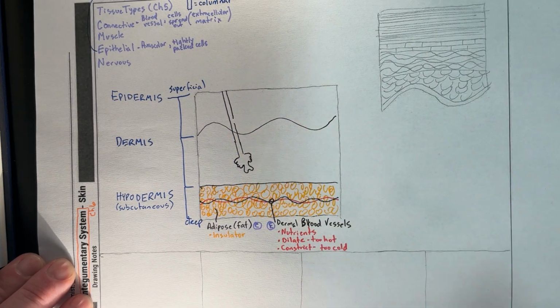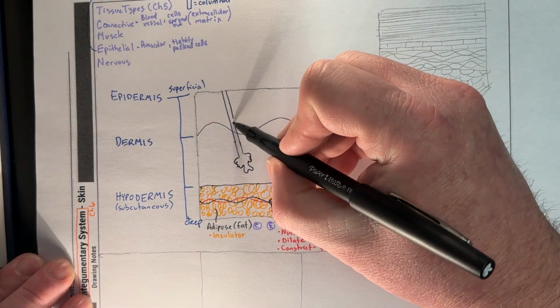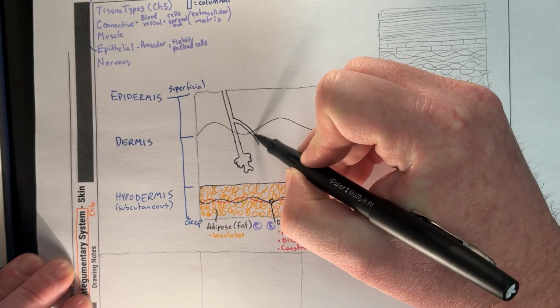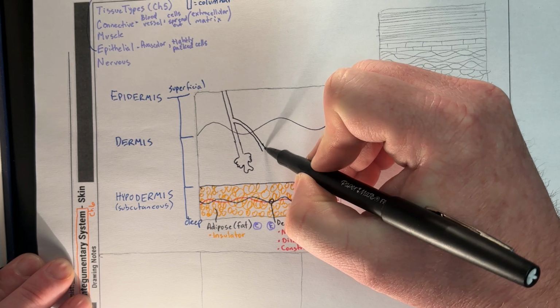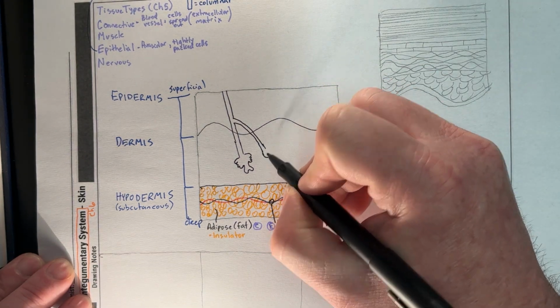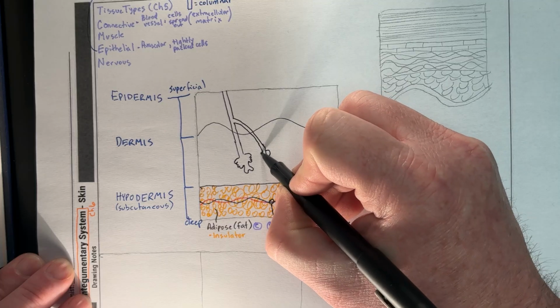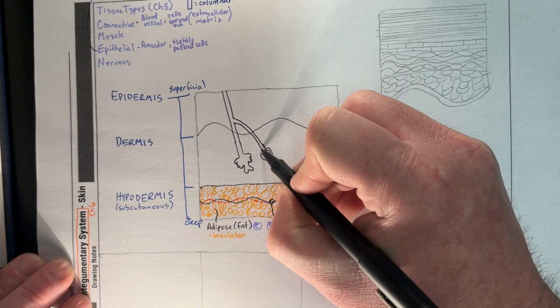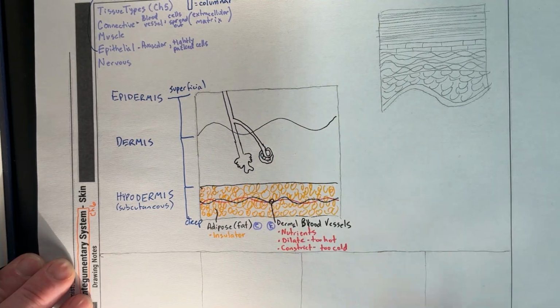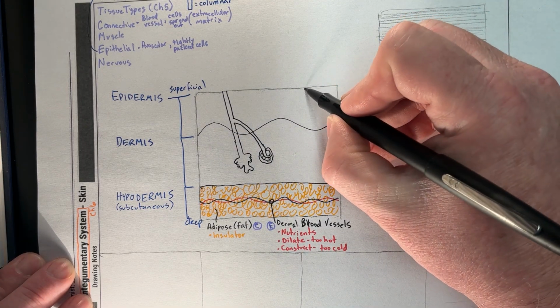And then the reason I left this gap is because we're gonna have another duct coming off here, and we're gonna extend down into the dermis. And then this duct just kind of curls back on itself and makes almost like a ball of duct down there. And let's draw another duct over here.